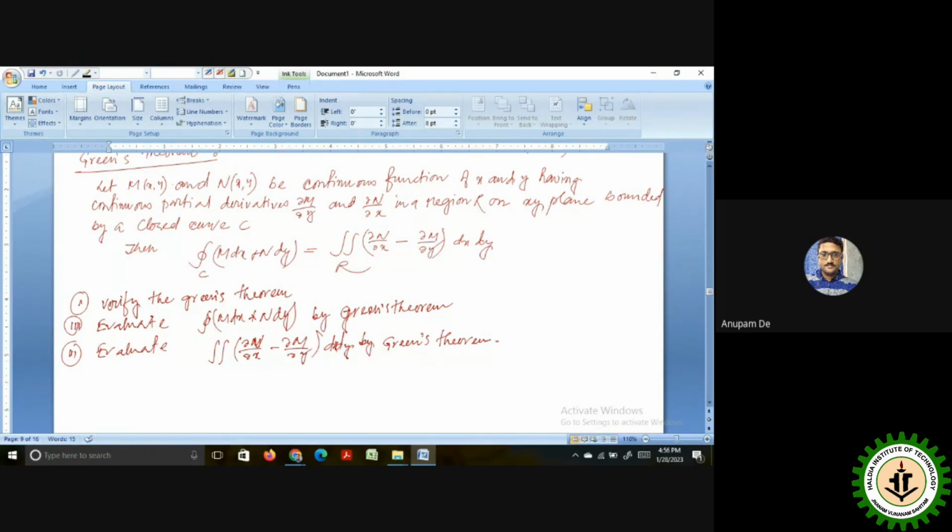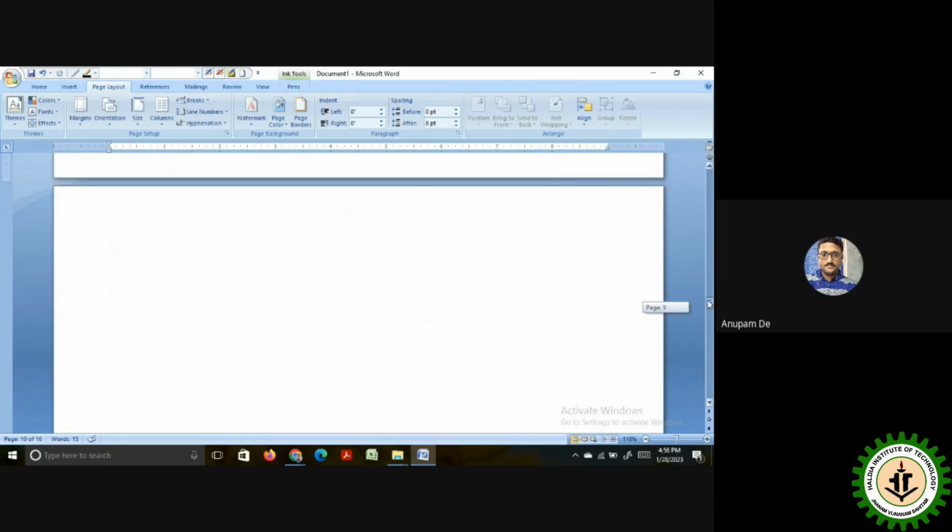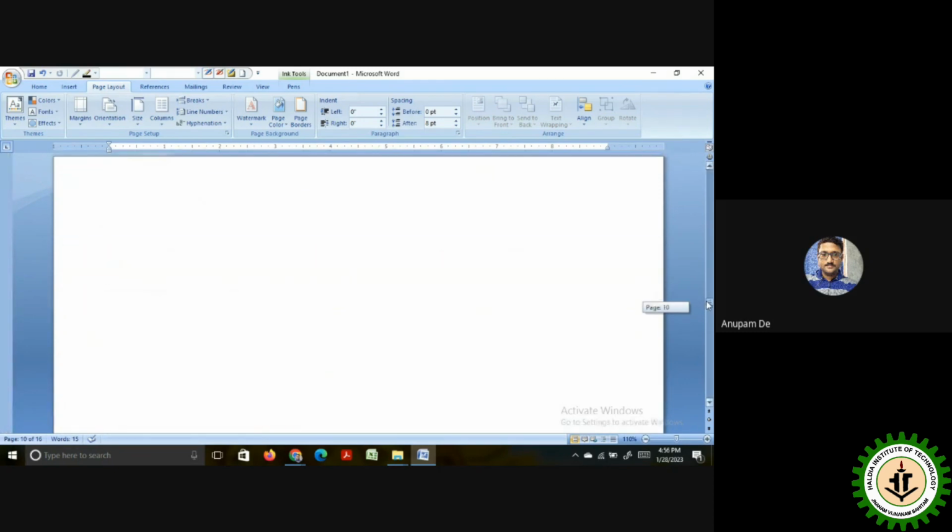So let us take an example and evaluate it in both ways. I'm directly doing the verification problem, then I'll be segregating both the problems.